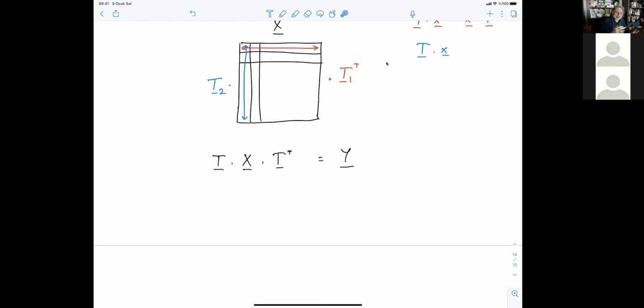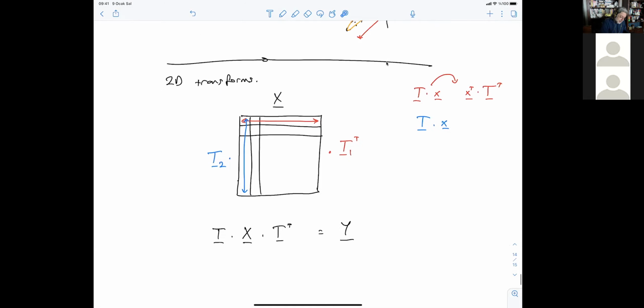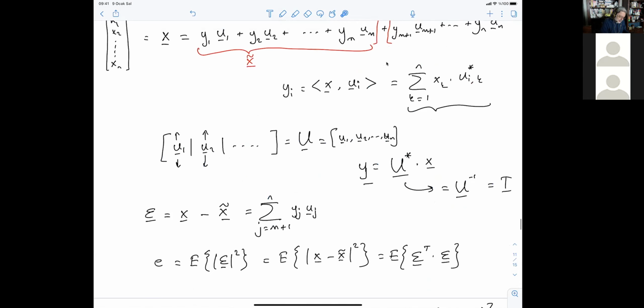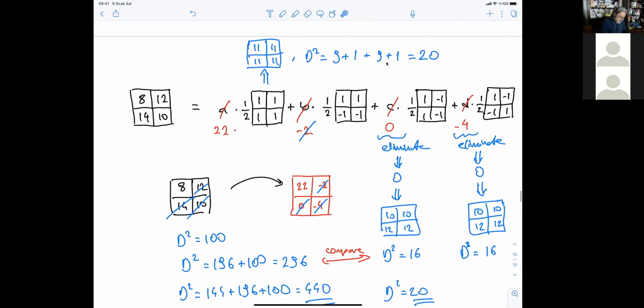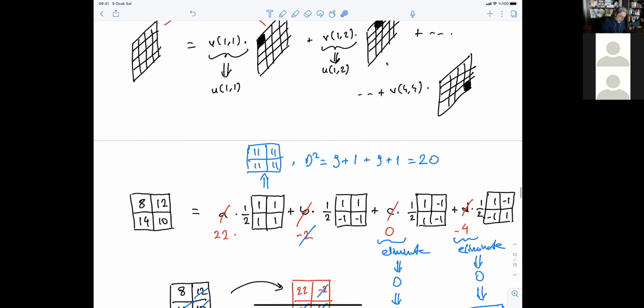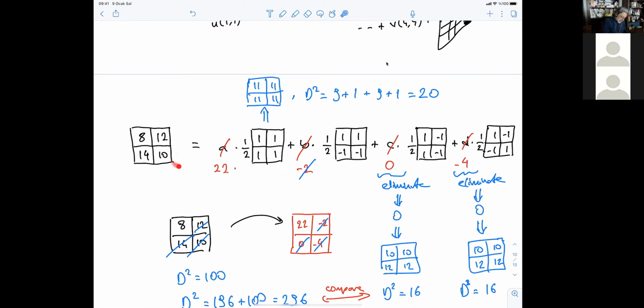Instead of basis signals, now we will have basis images. It is just like the example that we saw. I'm referring back to the same example over and over again. As you see, I'm representing my image in terms of basis images, or this one particularly, these basis images.